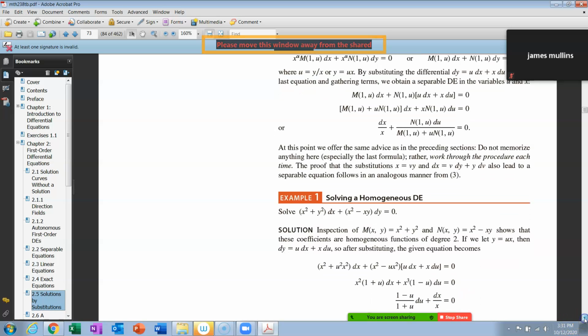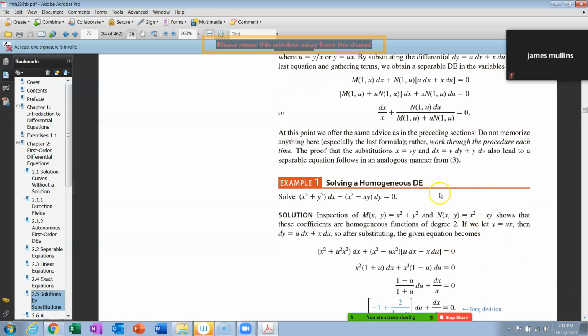Now, what they do here is divide both sides by 1 plus u. I was doing it on the other side, they're doing it here, it doesn't matter which. Okay, and divide this by x cubed, and that's what you get here, 1 minus u over 1 plus u du plus dx over x.